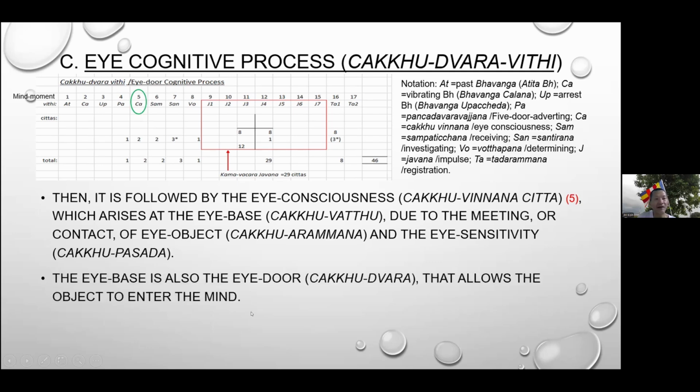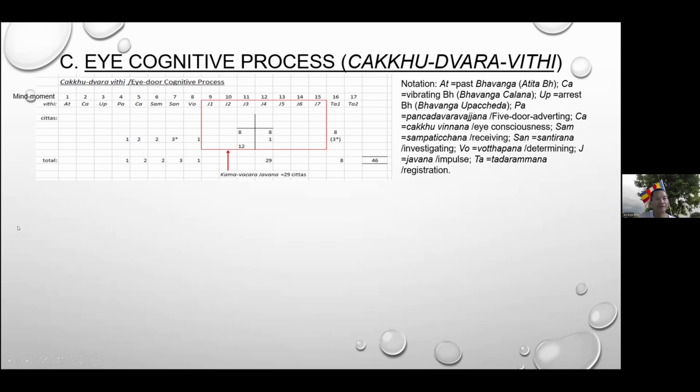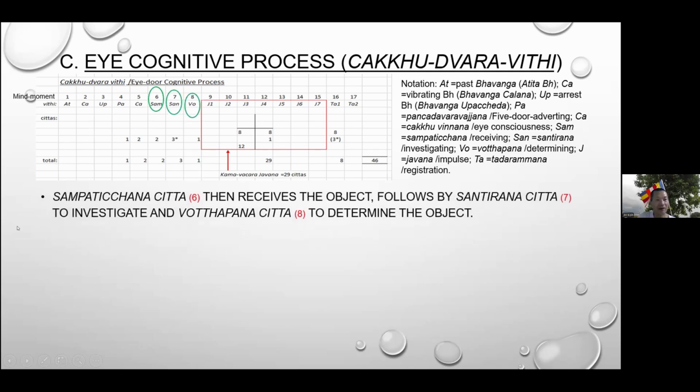This eye base is also the eye door, Cakkhu-dvara, that allows the object to enter the mind. And this eye base, eye door, and eye sensitivity are the same, except that they are named differently because of their different functions or purposes.